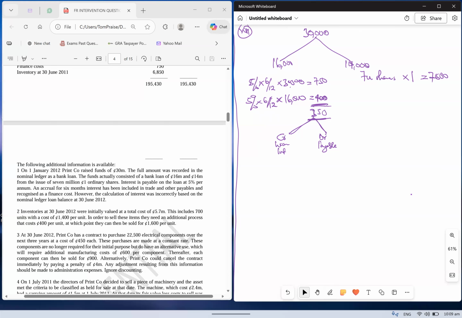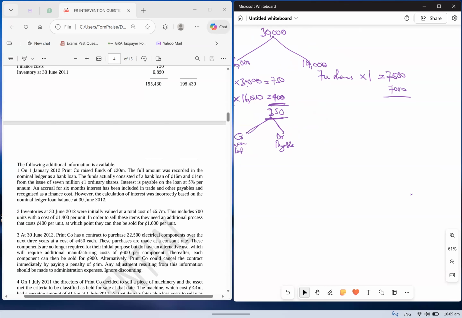So it means that the excess, which is an additional 7,000, will go to your share premium. Anything above the nominal goes to the share premium. So in the balance sheet, there is a share premium of 7,000. And in our stated capital too, there is another 7,000.